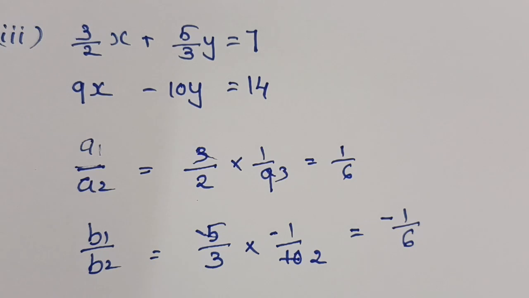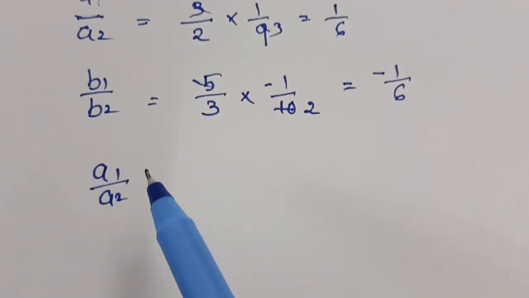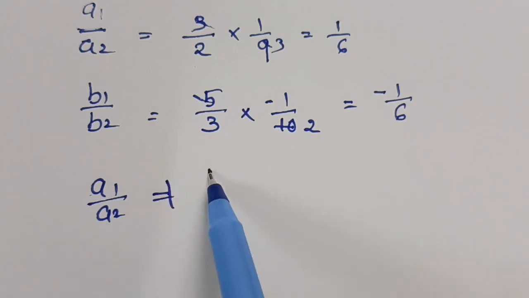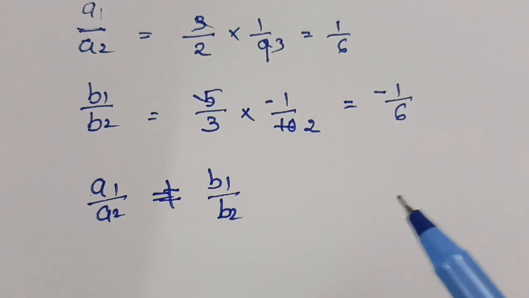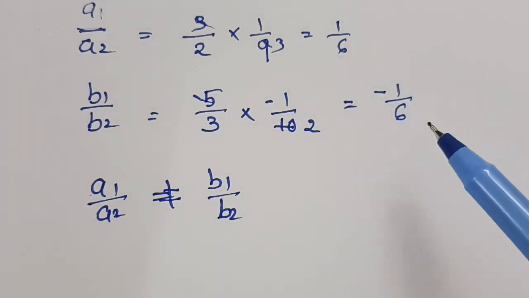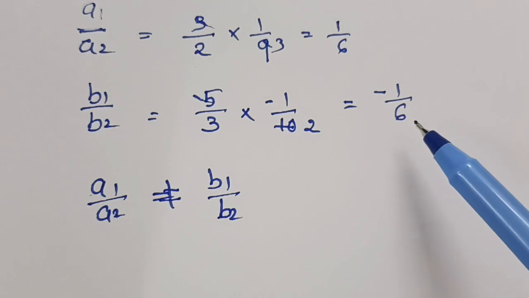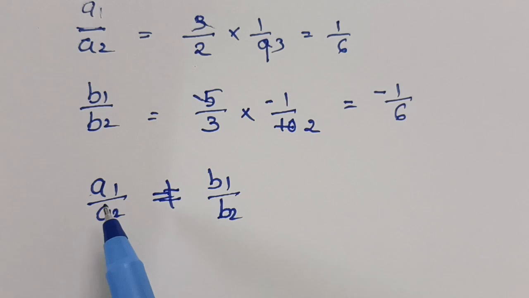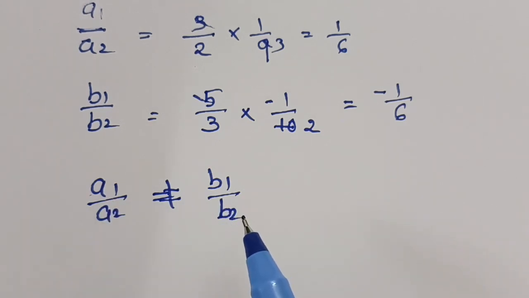Therefore we get a1 by a2 not equal to b1 by b2, isn't it? Because here it is 1 by 6 and here b1 by b2 is minus 1 by 6. Therefore, a1 by a2 not equal to b1 by b2 means the lines are intersecting.